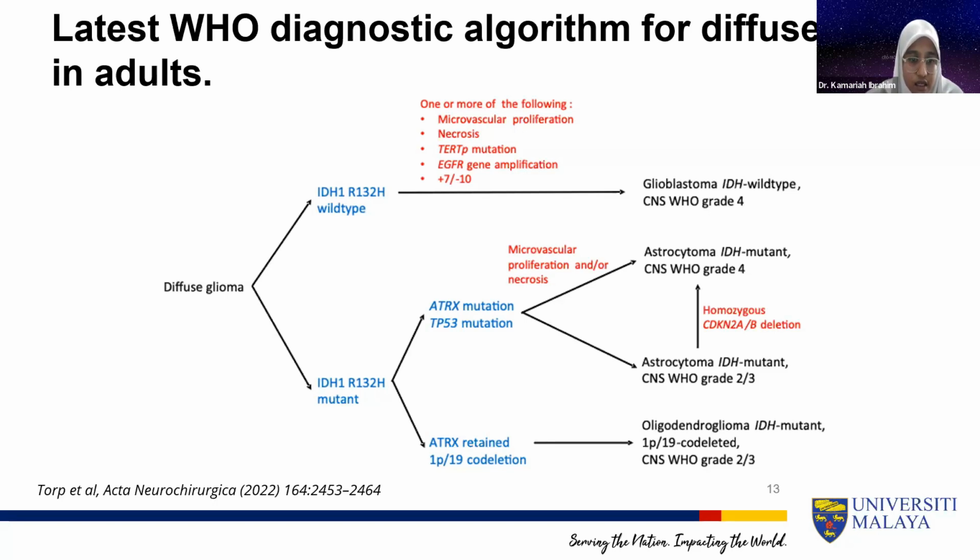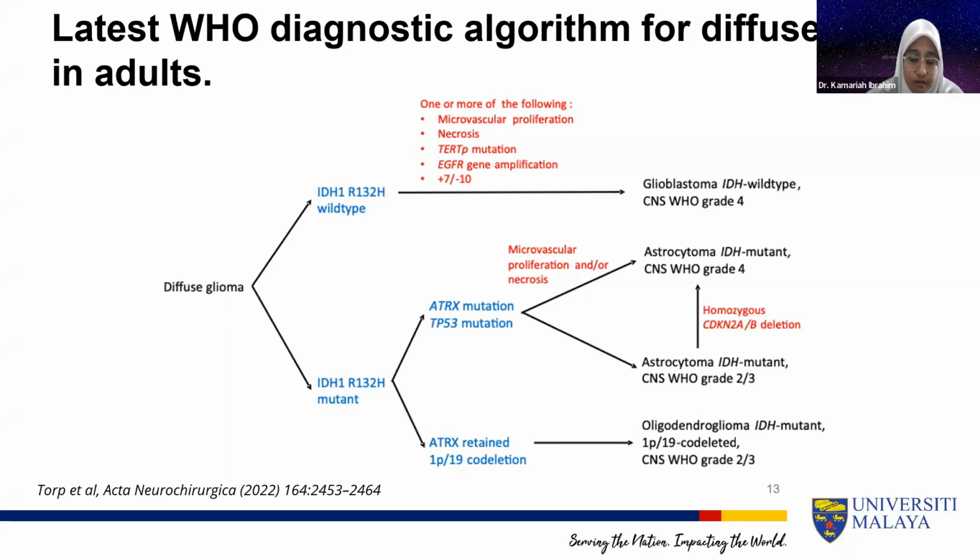Whereas if it's a mutation, then we have to decide whether it involves ATRX mutation, TP53 mutation, or ATRX retained and 1p/19q co-deletion. And then we would be able to know whether it is classified as astrocytoma IDH mutant grade 4, or astrocytoma IDH mutant grade 2 or 3.